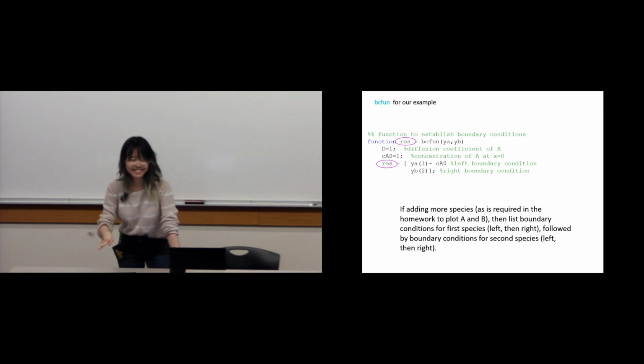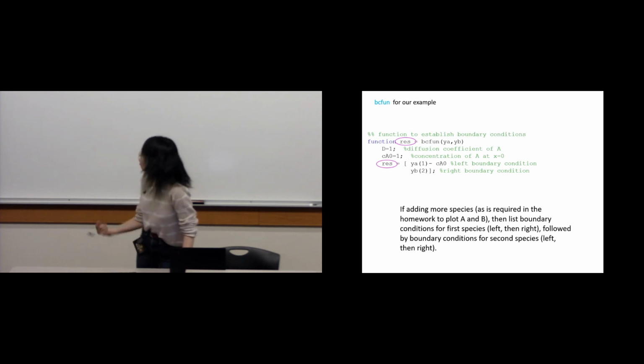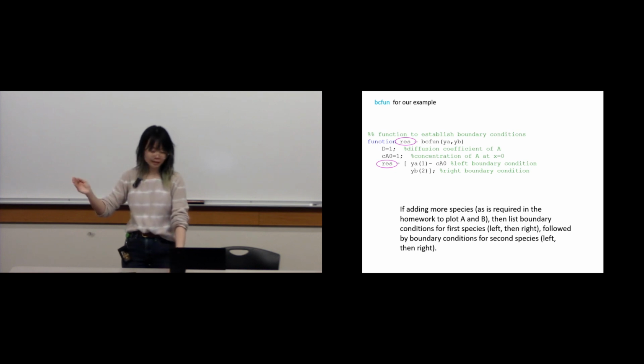Yes? Can you tell me once again what is YA1 and YB2? So the whole array of YA is the left boundary condition, while the whole array of YB would be the right boundary conditions. There will be YA1, YA2, and so on.